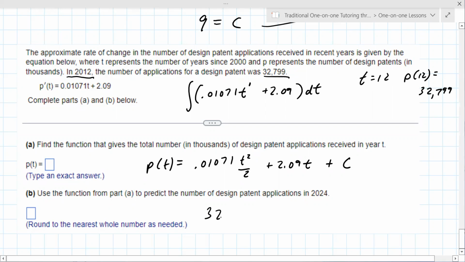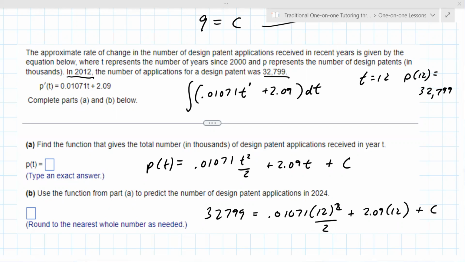They're telling you it's 32,799 equals 0.01071 times 12 squared over 2, plus 2.09 times 12, plus c. So we need to solve this for c. So to do that, you evaluate the stuff on the right and then subtract it over. It does say an exact answer, so I guess it works out nicely. So let me get that here.